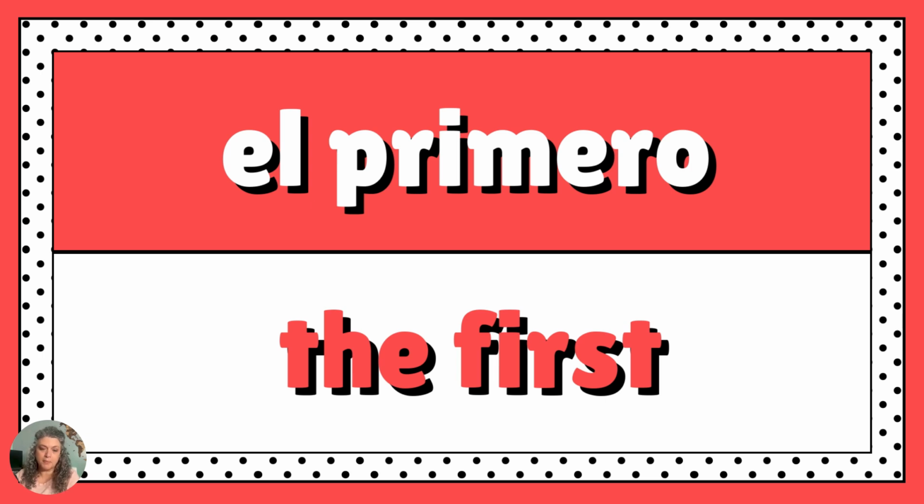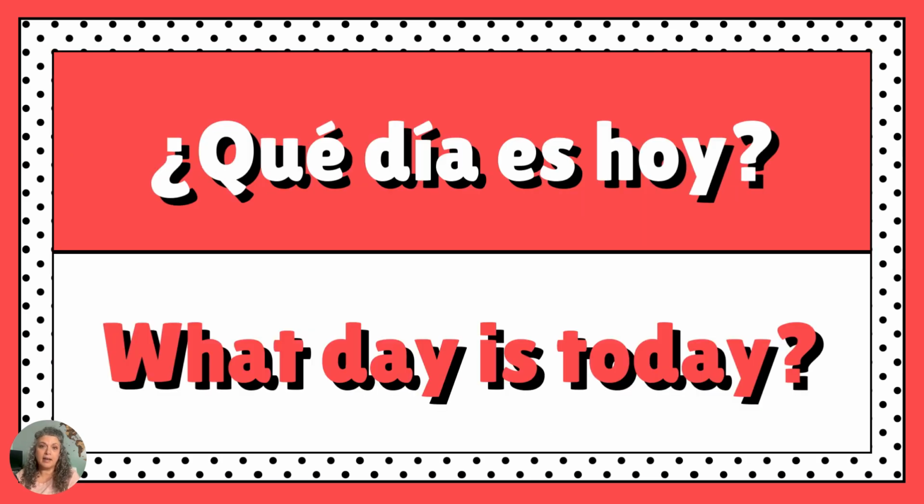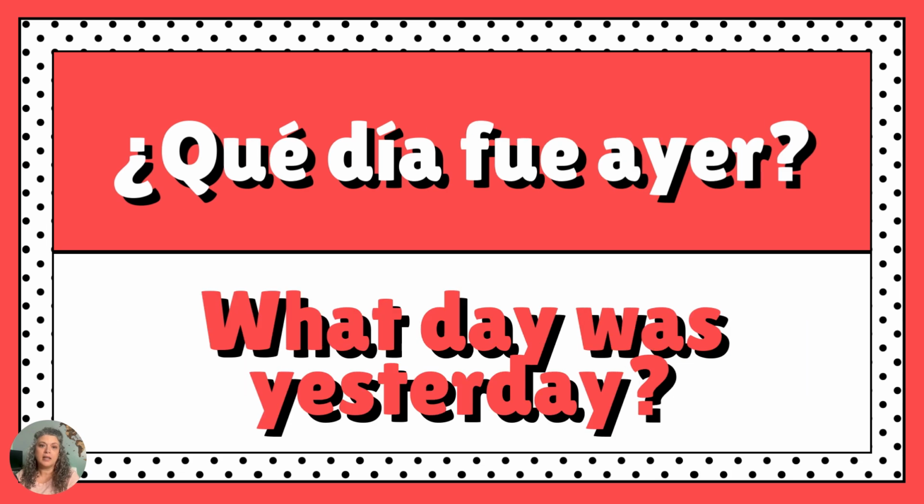El primero. And then there are a couple of questions that you're asked a lot about the calendar, such as what day is it, etc. So here are a couple of questions that will be very useful to know when you're talking about the calendar. ¿Qué día es hoy? What day is today? Okay. ¿Qué día fue ayer?